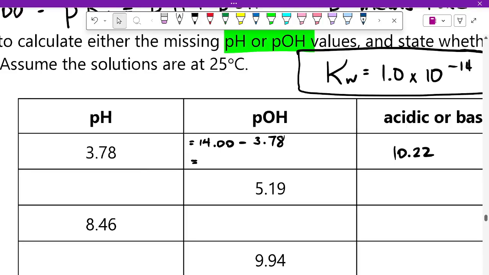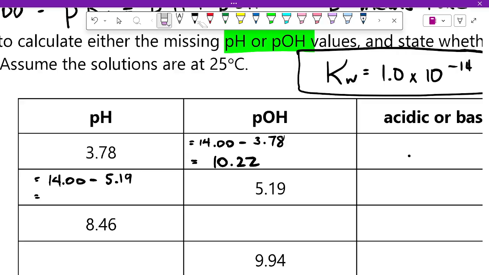And our pH is equal to 14.00 minus pOH, which is 5.19. Oh, oops, 10.22. So sorry.